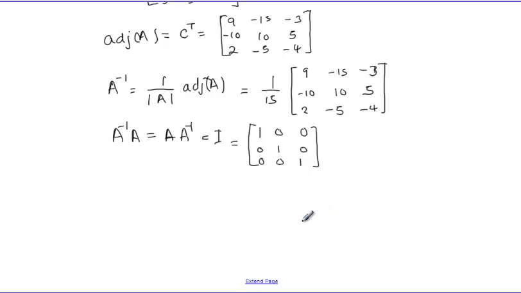So what we're going to do, let's do this one. We're going to write our 1 over 15 here. Remember, 1 over 15, if you multiply the matrix here, it will just come in here and multiply everything. So we're going to hold on with that 1 over 15. Let's not multiply by 1 over 15. Let's leave it outside there and copy the matrix as 9, minus 15, minus 3, minus 10, 10, 5, 2, minus 5, minus 4.